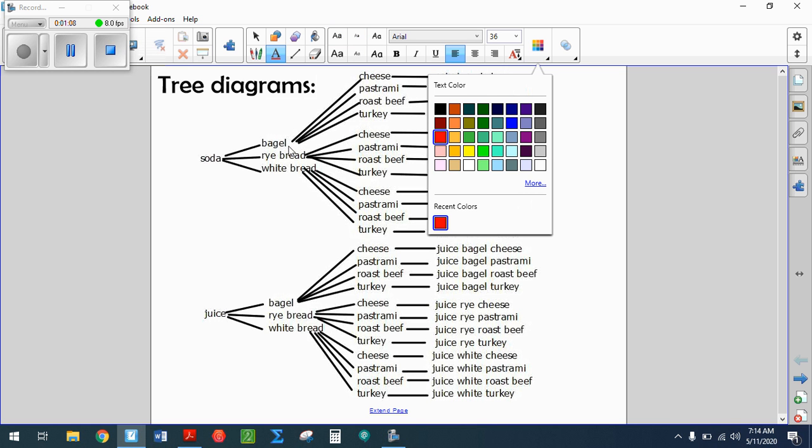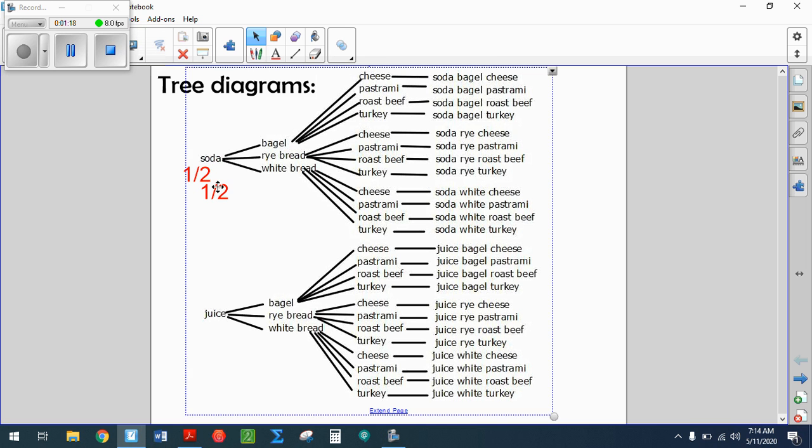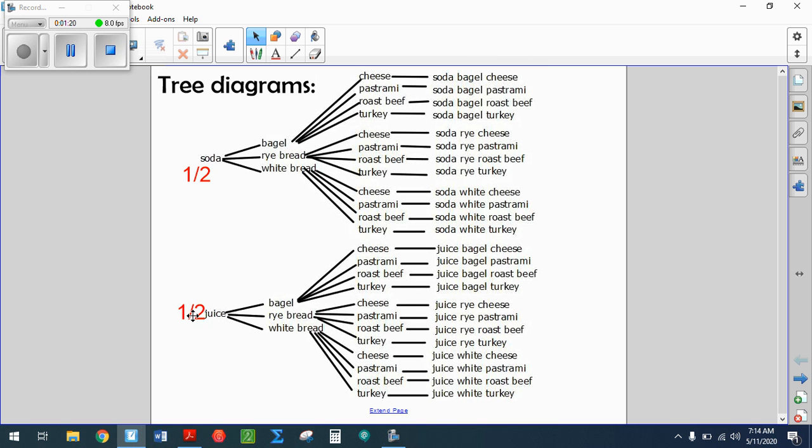So the probability of choosing soda was 1/2. The probability of choosing juice was 1/2 because there were two choices, soda or juice. And the probability of choosing what type of sandwich bread was 1/3, because 1/3 would be a bagel, 1/3 would be rye bread, 1/3 would be white bread.